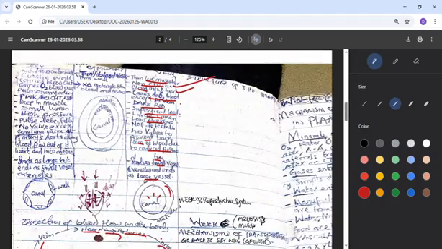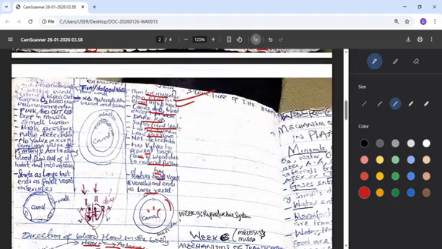Then for vein, take note of this about vein. Vein has a thin, less muscular structure. It is non-elastic. It carries blood into the heart.